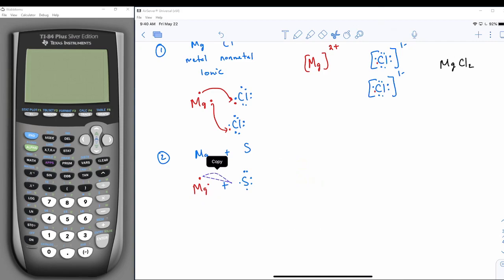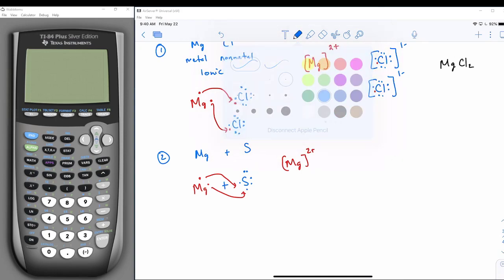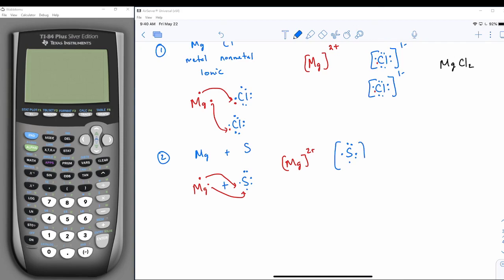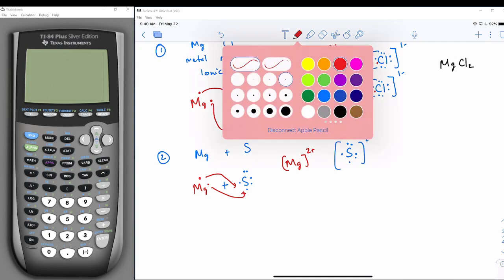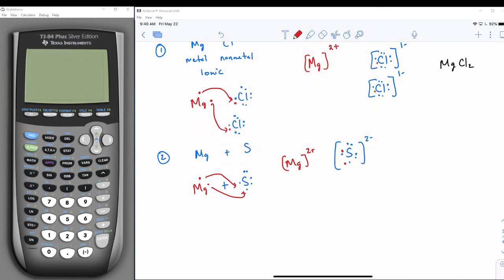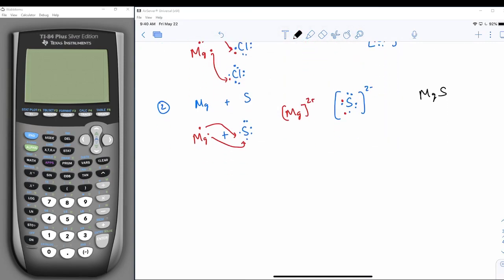Okay, so Mg donates 1 here and donates 1 here. So in this case, you only need 1 of each to get the transfer of electrons. So then your formula is MgS.